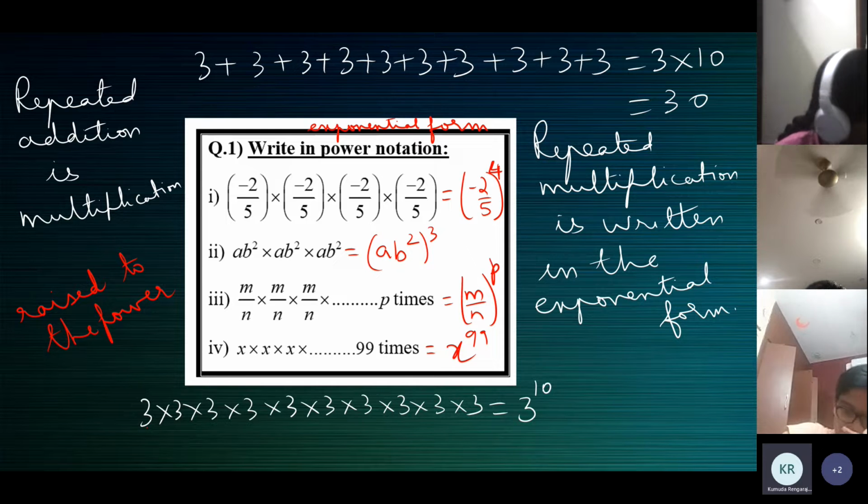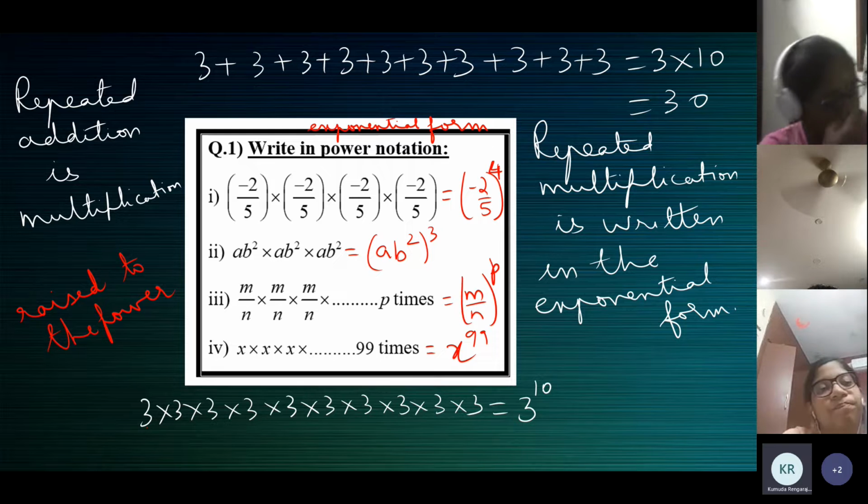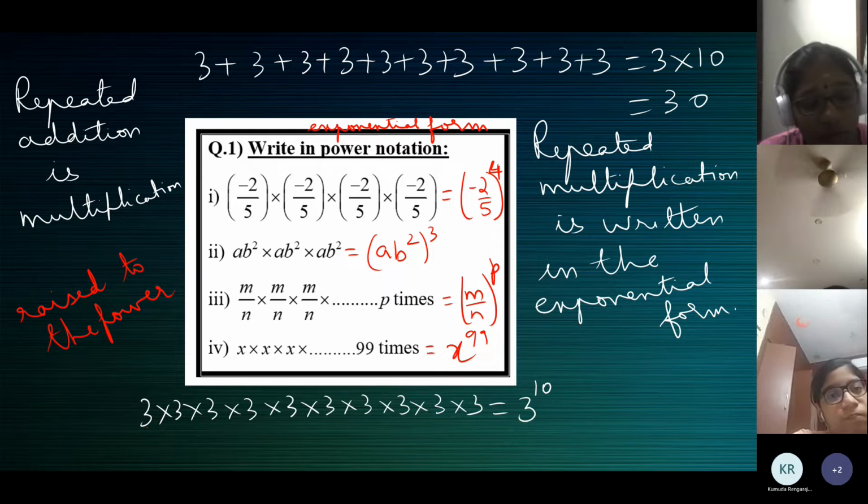But why are we writing it in exponential form? Because it is repeated multiplication. The same thing is multiplied with itself many times. So, exponential form.